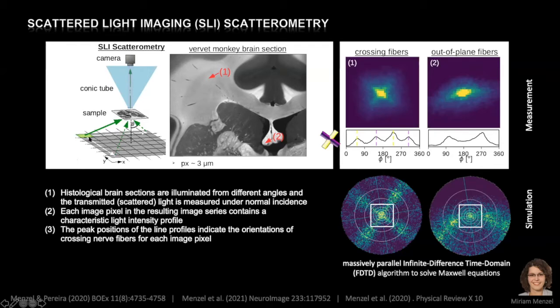And you can do this one after the other, switching on and off the different regions of interest. And then you can have a look into the scattering patterns, the measured ones. And you can find here similar patterns for exactly those predicted situations.